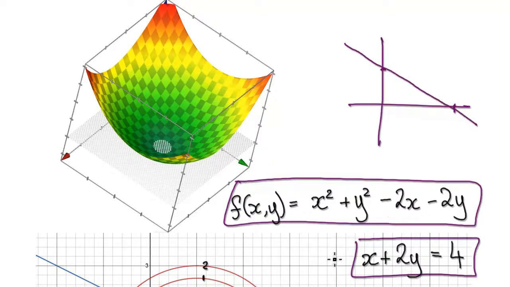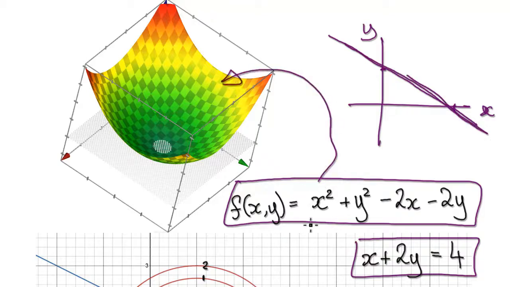You have to remember the constraint lives in the 2D plane, in the x, y plane. You have to, no matter what, be living on this straight line. And then this surface is this. So to have an understanding of this surface, complete the square on this.